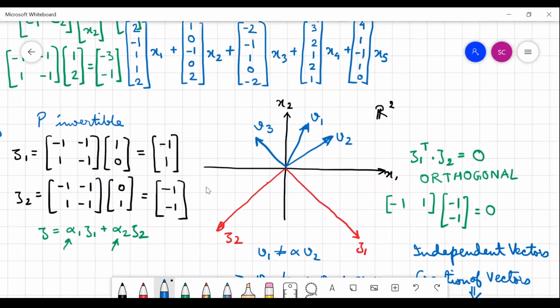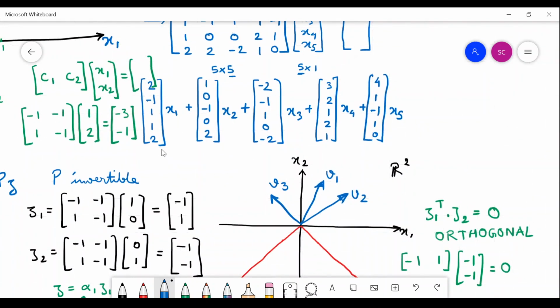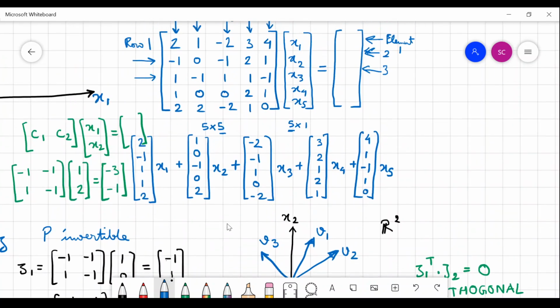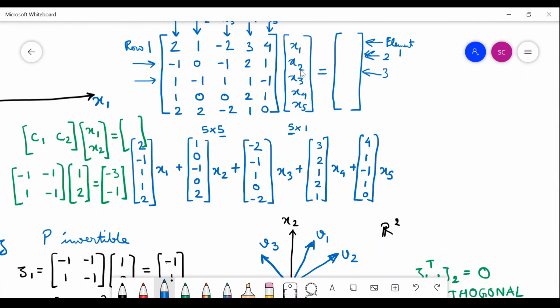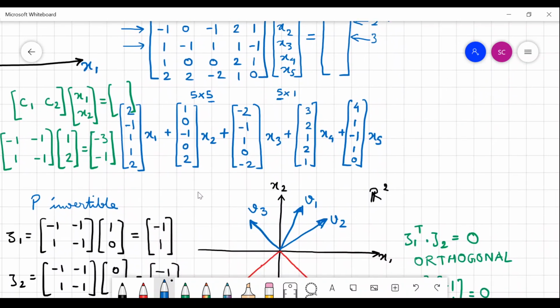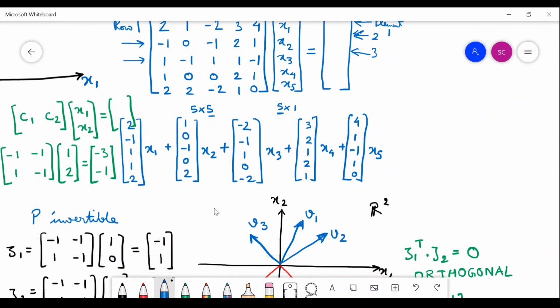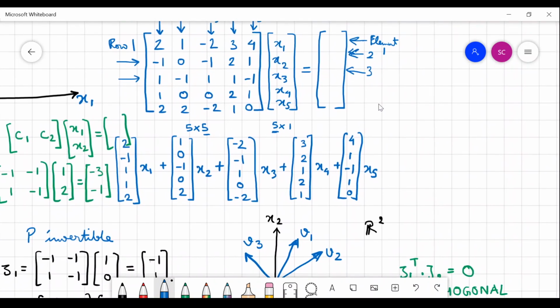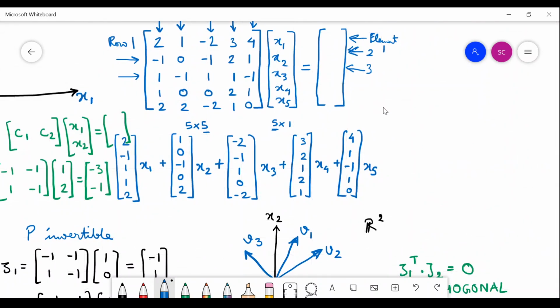Let us look back into this situation. What was this? This was multiplying the parent vector with the matrix and getting some result. Correct?